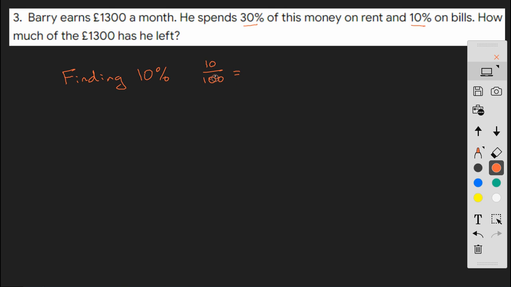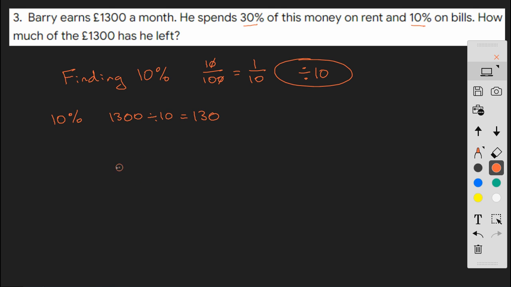And if we simplify this fraction, we can see that that is 1/10. So in order to find 10%, we need to divide by 10. 10% is 1300 divided by 10, which is 130.